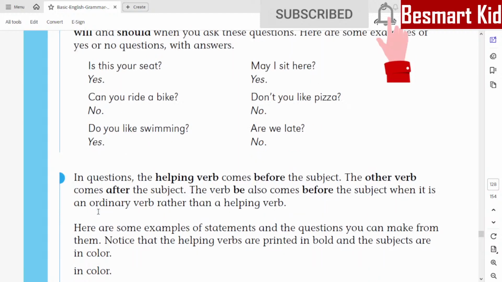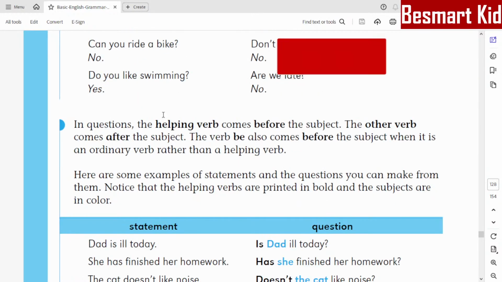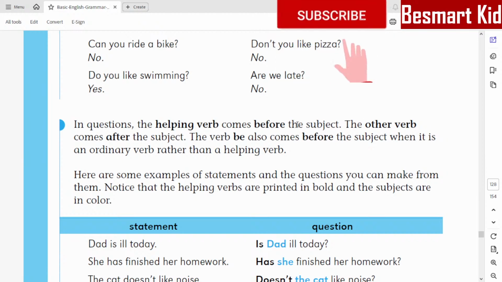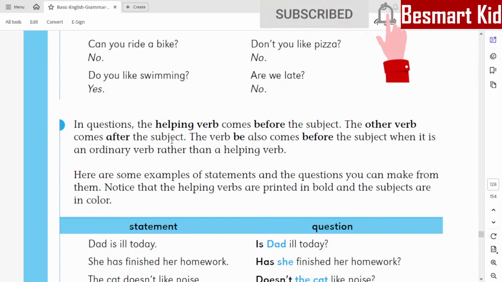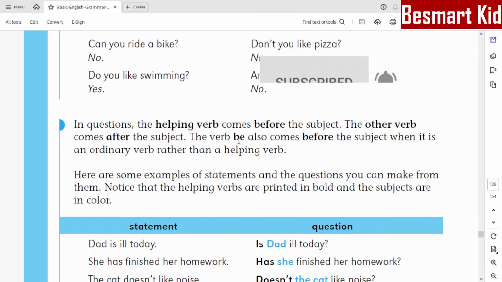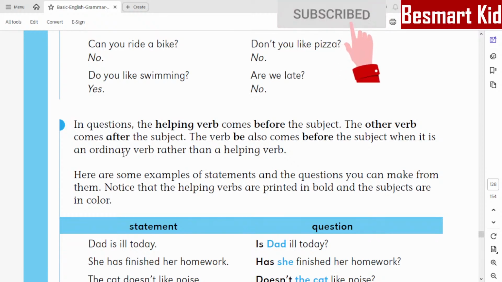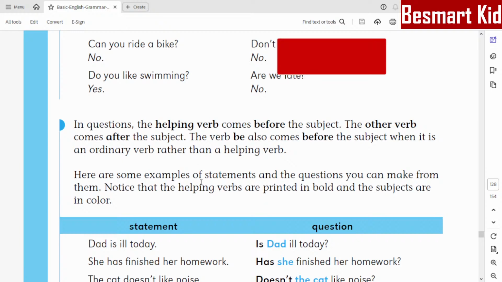No. In questions, the helping verb comes before the subject. The other verb comes after the subject. The verb be also comes before the subject when it is an ordinary verb rather than a helping verb.